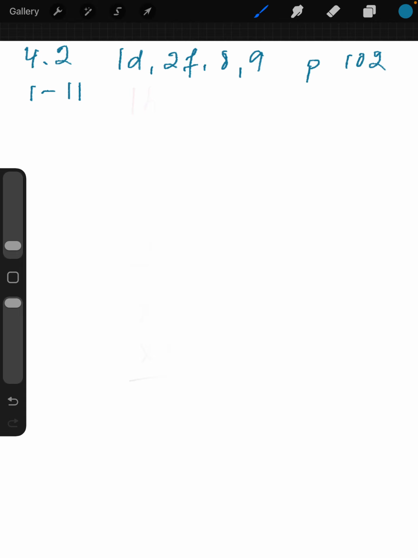All right, so I'm going to give you examples of these exercises here, 1D, 2F, 8, and 9. So we'll start with 1D, which is M minus 8M minus 9, right? However you decide to do this, I'm not going to give you an explanation of what I'm doing. I will just solve it.